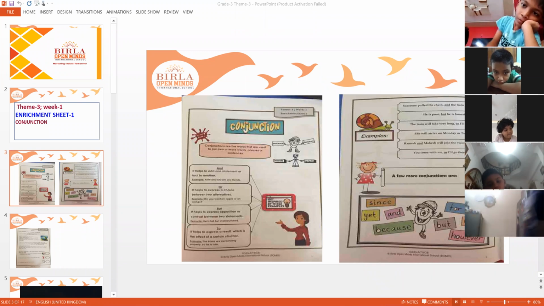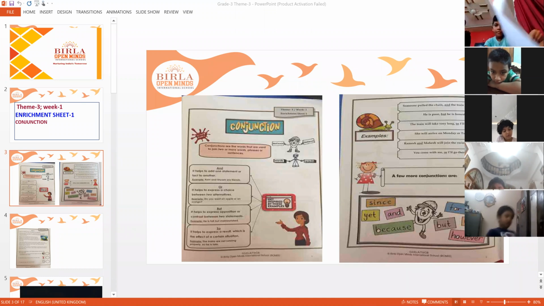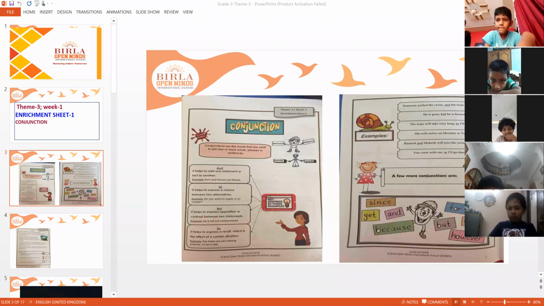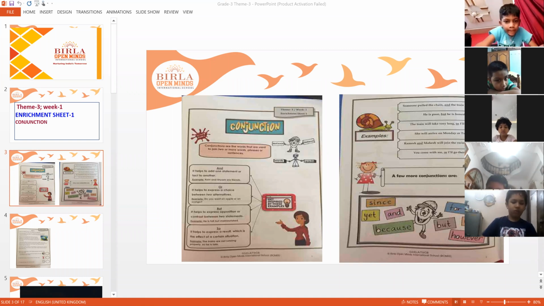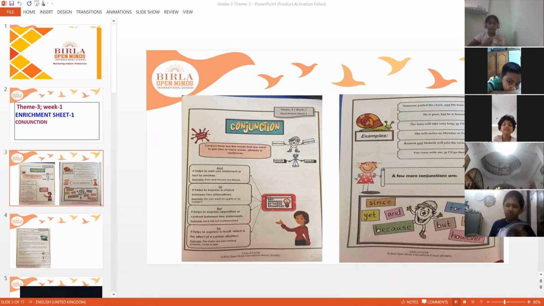What are conjunctions? Conjunctions are the words that are used to join two or more words. They are used to join two words even. Two words means two nouns. You can take two nouns, like Ramu and Radha.